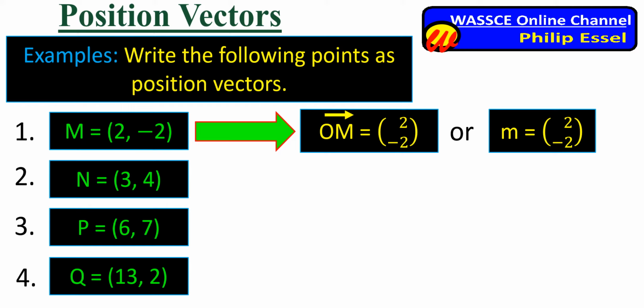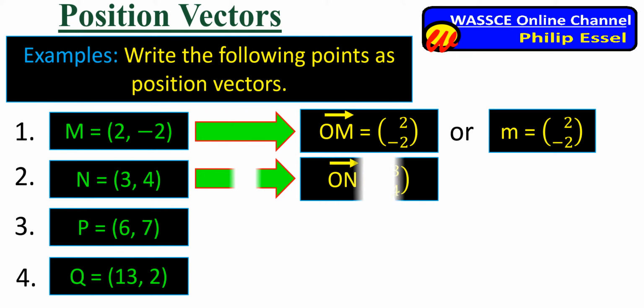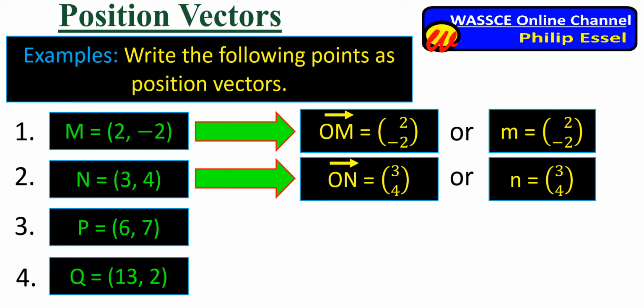Example 2. When we write the point N equals (3, 4) into a position vector, it would become vector ON equals (3, 4). This is also the same as vector n, that small n, equals (3, 4).